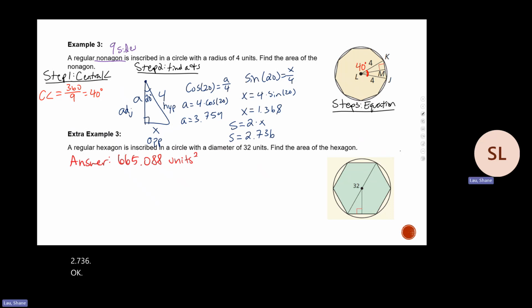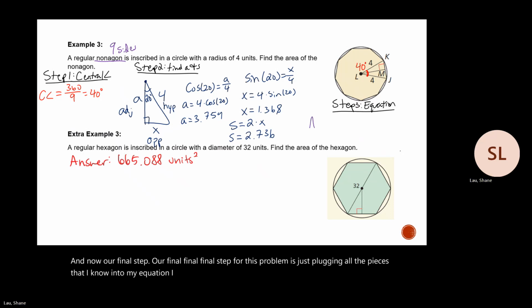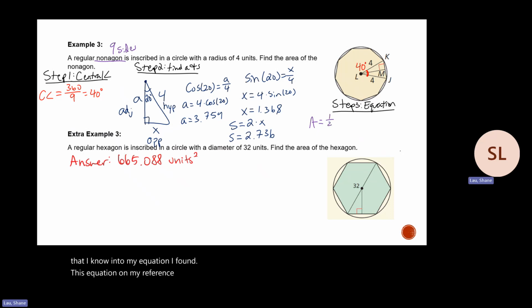And now our final step for the problem is just plugging all the pieces that I know into my equation. I found this equation on my reference sheet, A equals 1/2. I then found my apothem, which is 3.759. I found my side length value, 2.736.